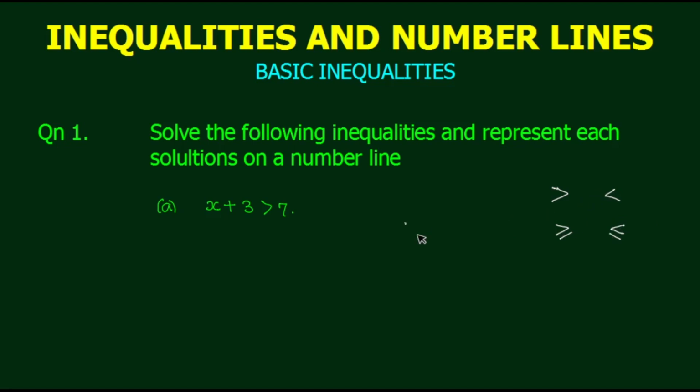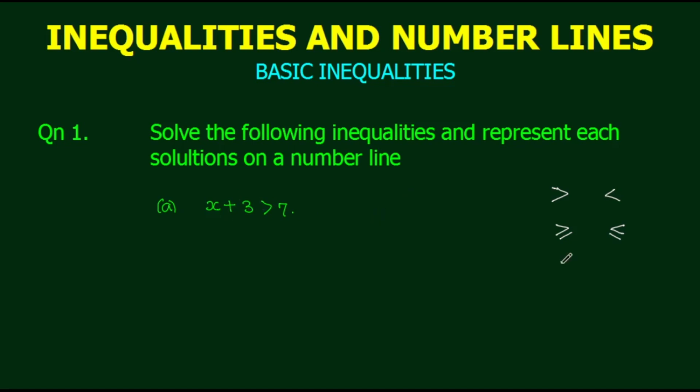Then secondly, when solving linear inequalities, all the rules for equations apply. Like if you have a constant on one side and you want to take it to the other side, you either subtract or add depending on the sign of that number.